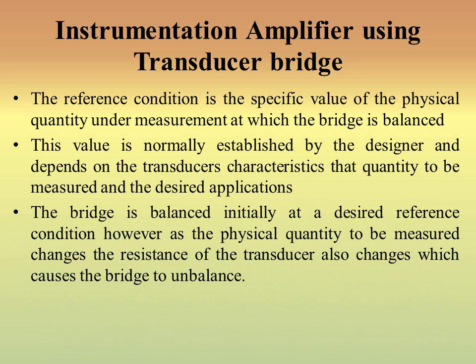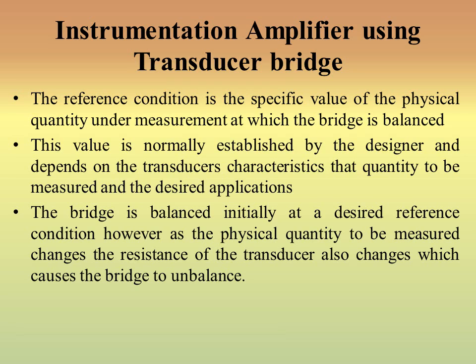The bridge is balanced initially at a desired reference condition. However, as the physical quantity to be measured changes, the resistance of the transducer also changes, which causes the bridge to unbalance. This we have discussed: initially, according to the physical quantity, the transducer has a definite resistance, and according to that resistance all three other resistances are decided, so that the bridge remains initially balanced.